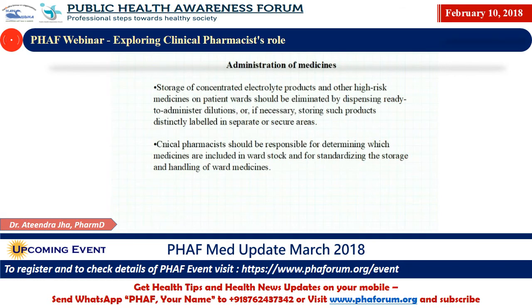So in short, we can say that the clinical pharmacist has a role from the entry of the patient till the discharge of the patient. As soon as the patient enters the hospital, the role of the clinical pharmacist will start, and it will continue while the patient is in the hospital and even after that.